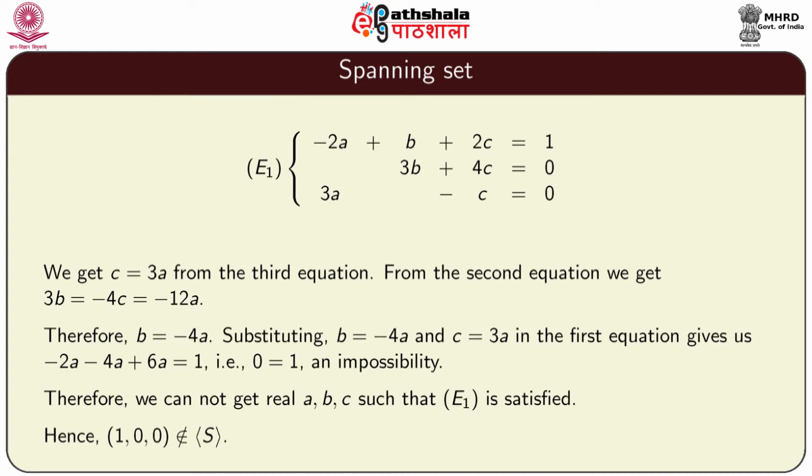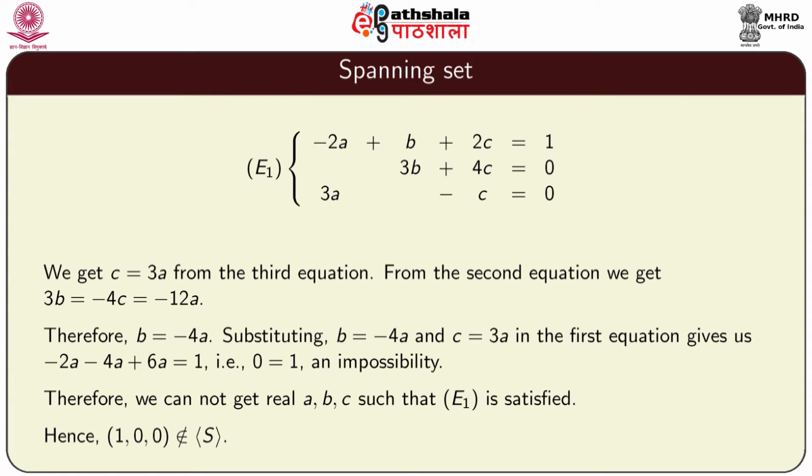Therefore, b is minus 4a, and if you substitute back b is equal to minus 4a and c is equal to 3a in the first equation, then you get 0 is equal to 1, which is of course impossible, which shows that we cannot have real numbers a, b and c which satisfy this system of equations E1 simultaneously, and therefore 1, 0, 0 does not belong to the span of S.